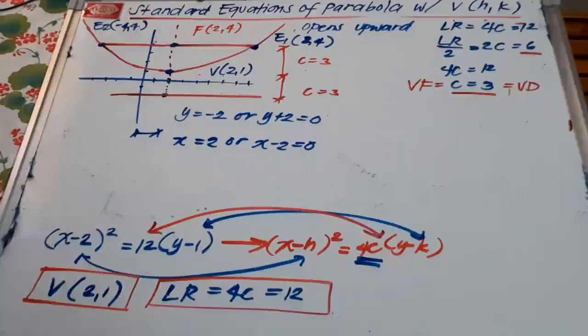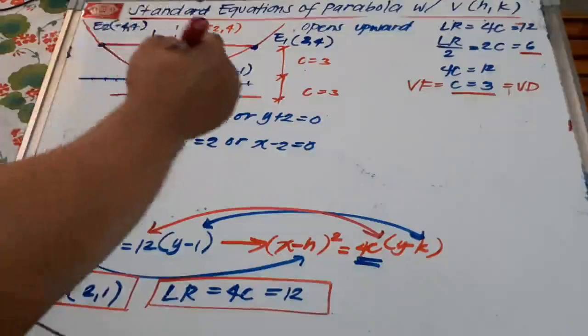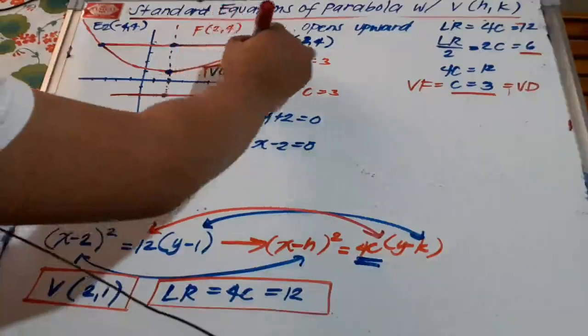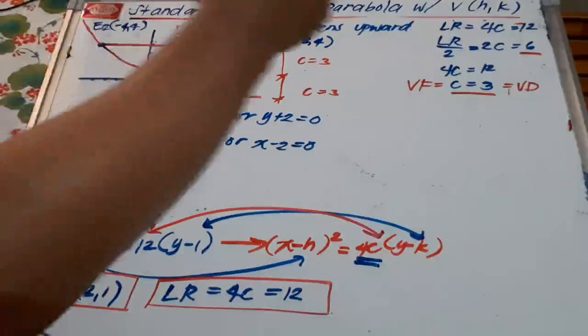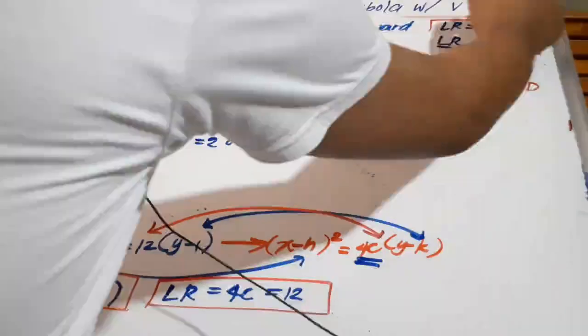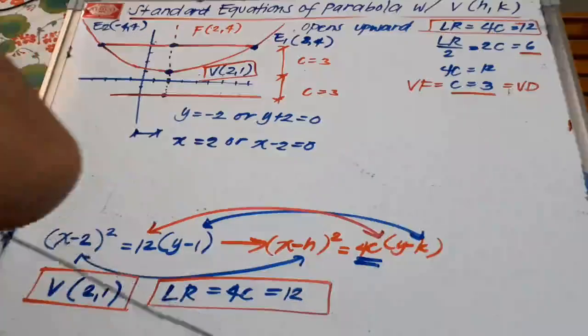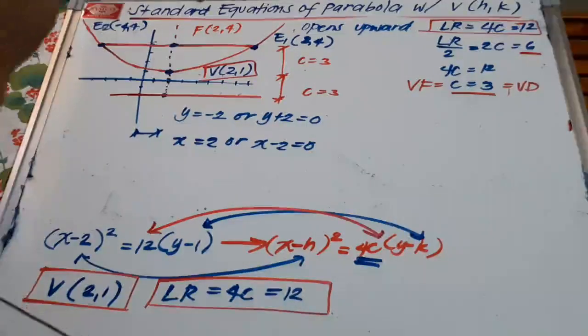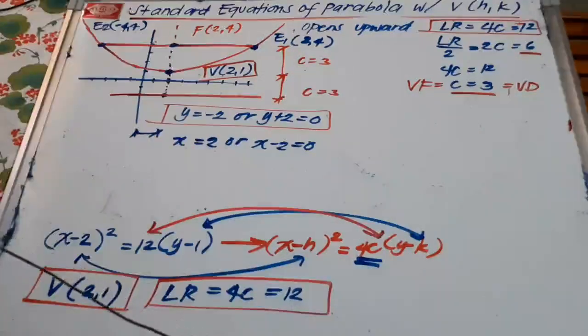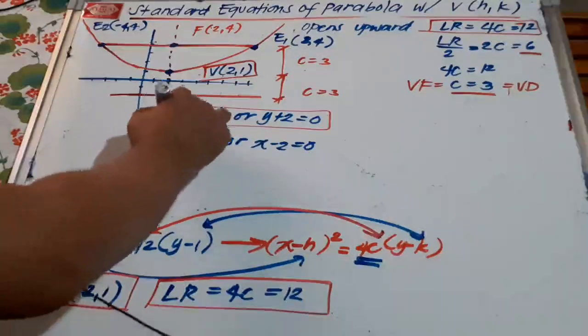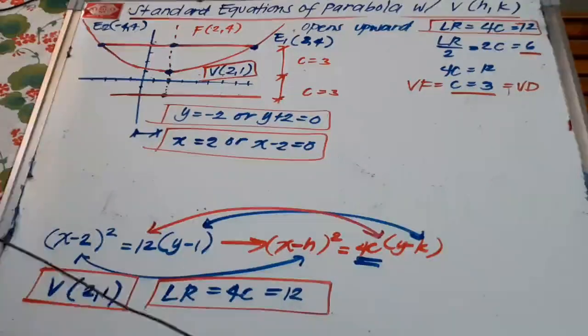So, meron na tayong, ito yung mga pinapahanap sa atin. Nakuha na natin si Vertex. Nakuha na natin yung length of the latus rectum. And then, nakuha na natin yung equation of the directrix. Nakuha natin yung equation of the axis of symmetry.